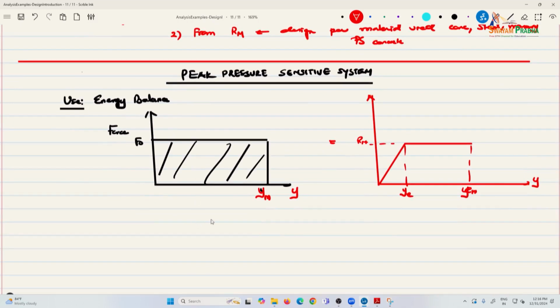So what we get here is the work done. The work done is F naught multiplied by ym, which equals the internal energy in the system, Rm ym minus Rm ye by 2, the same thing that we just derived.